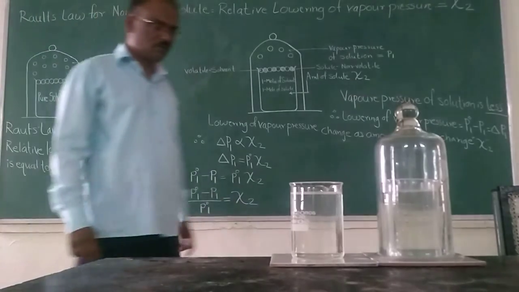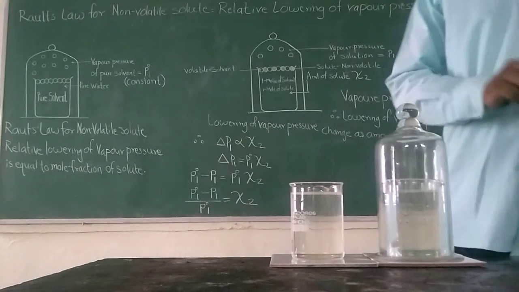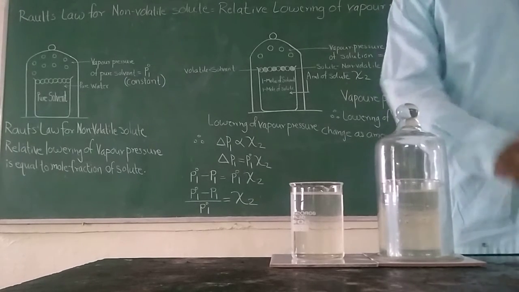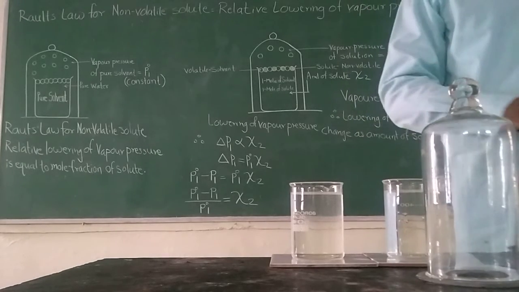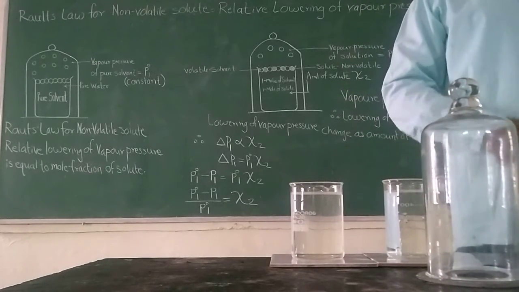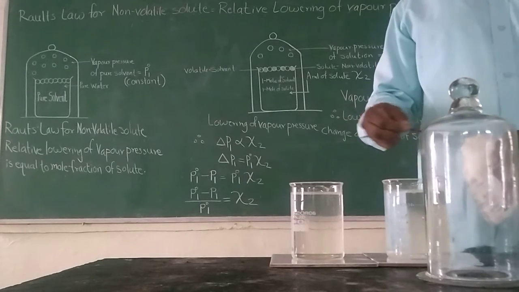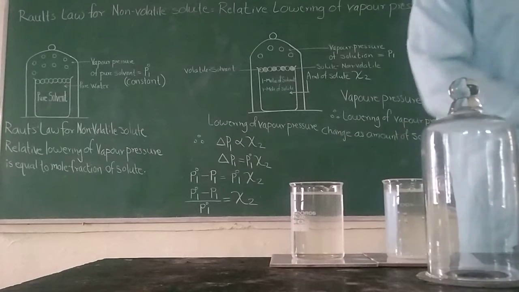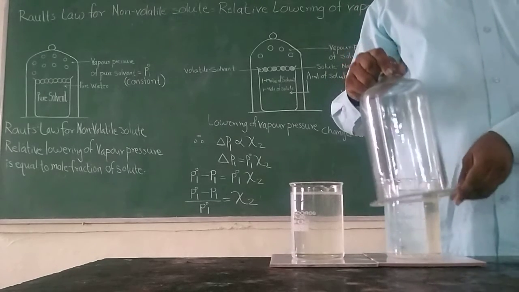Okay, so what will I do? I will add more solute to it. Then what will happen? I have added this, this, and this also. See what change will happen in the vapor pressure.